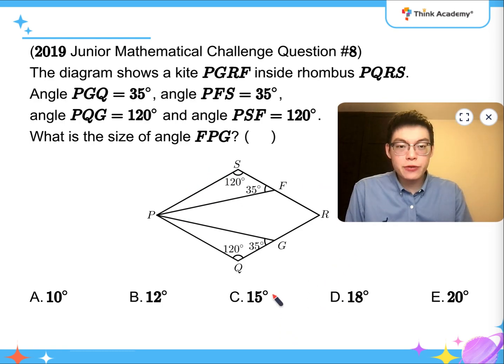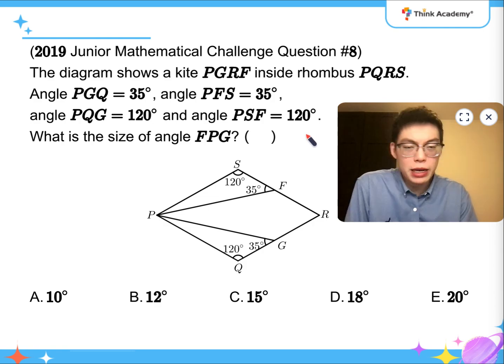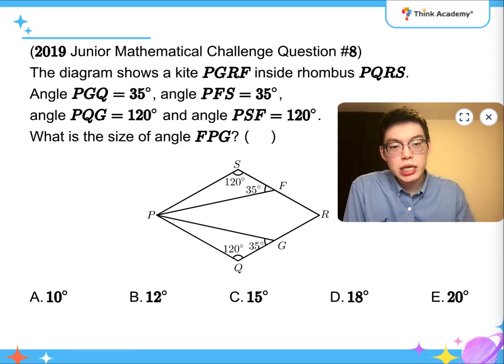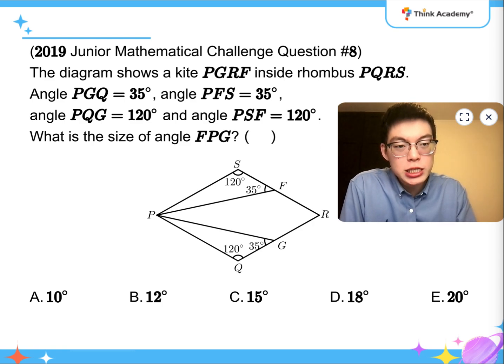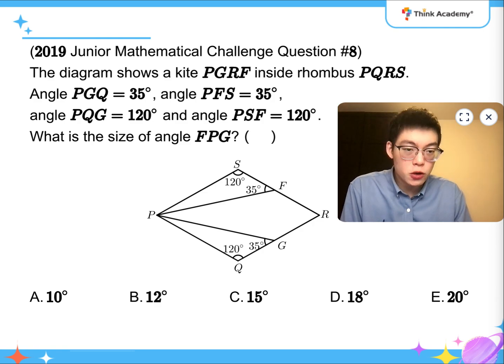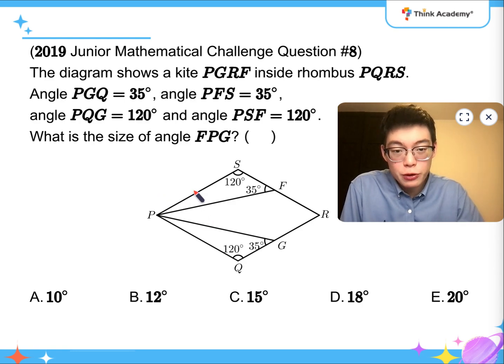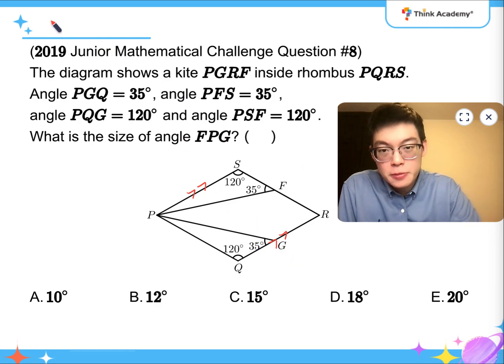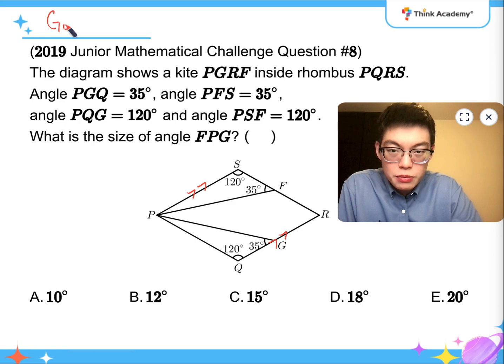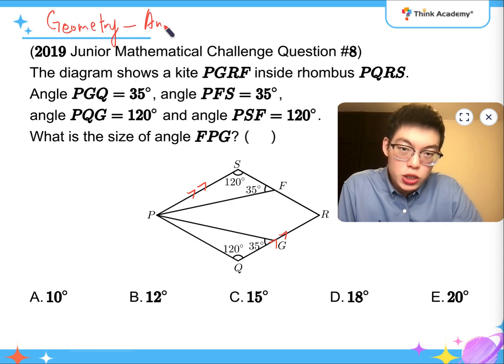So for question 8, first of all, there are actually many ways to solve it. You can either use the interior angle sum of quadrilaterals, or you can also make use of the co-interior angles of parallel lines if you recognize that rhombuses have parallel opposite sides. But no matter what, this is going to be a geometry question on angles.